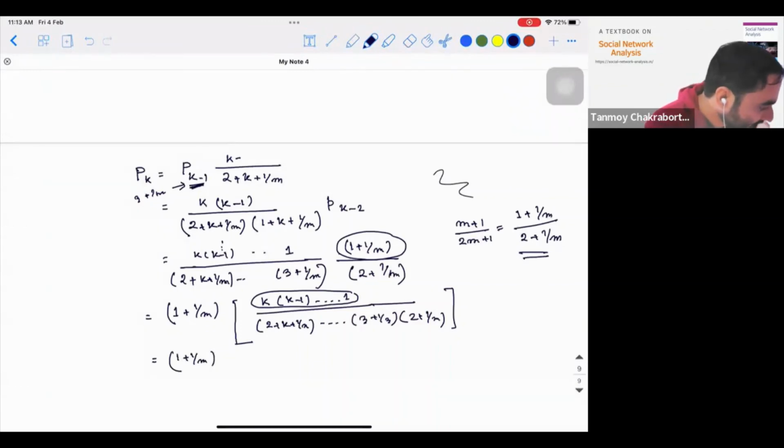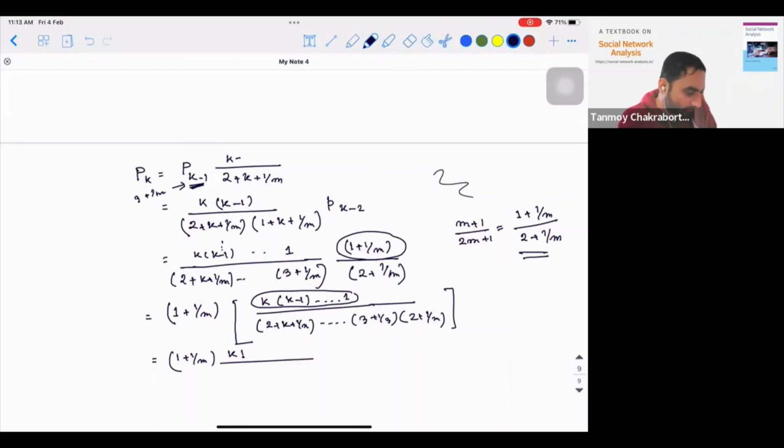And let's look at the new denominator. Let's look at the denominator. What is the denominator?